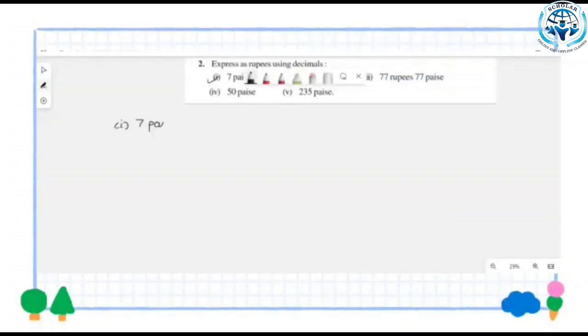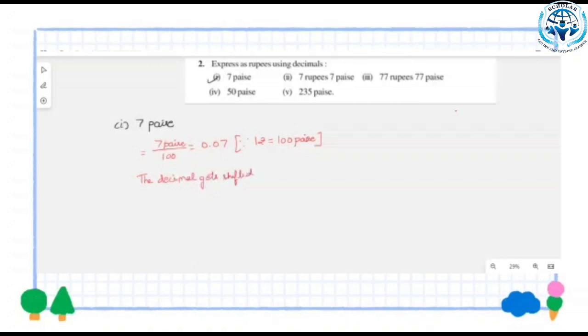The second question, we have to express in rupees using decimals. 7 paise is to be converted into rupees. Now we know that 1 rupee has 100 paise. So we will divide 7 by 100 and we will get 0.07 because there are 2 zeros in the denominator. 7 is a whole number, so we can write 7 as 7.0.